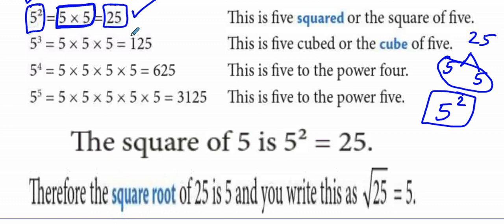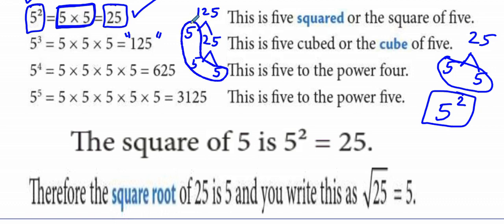Likewise, we have 125. Do the same thing. You have 125. Do a factor tree. This is divisible by 5. 5 times 25, and this is also divisible by 5. So it's 5 times 5. So how many 5s are here? We have 3 5s.